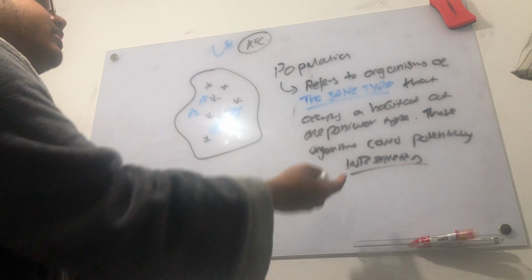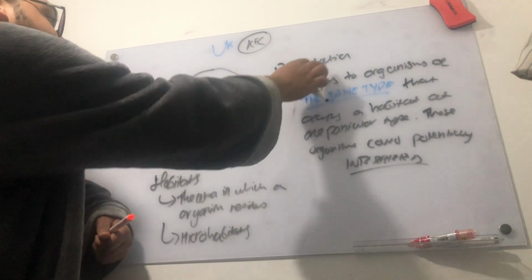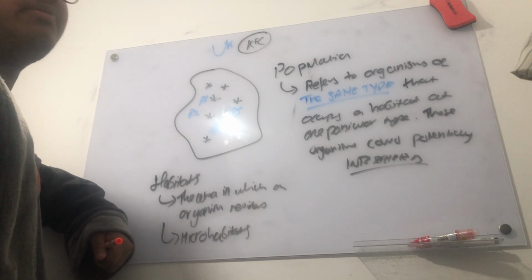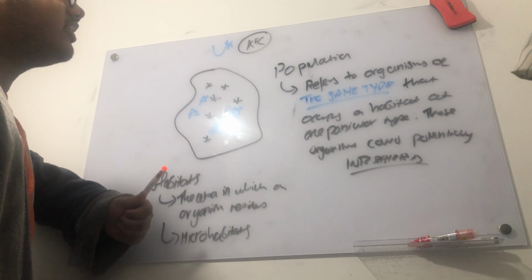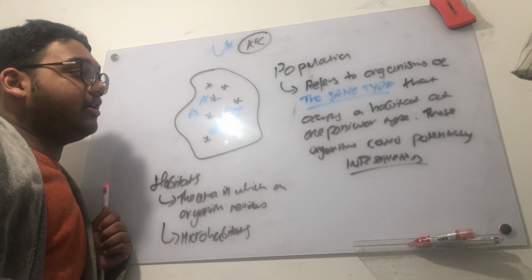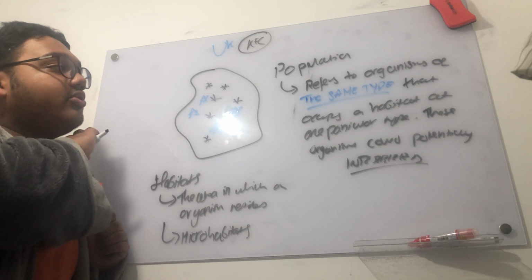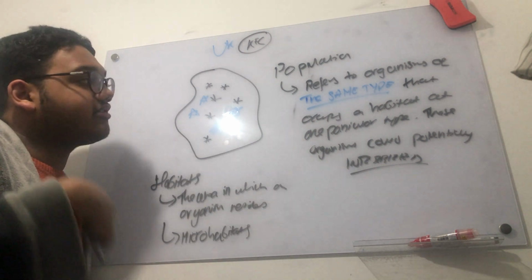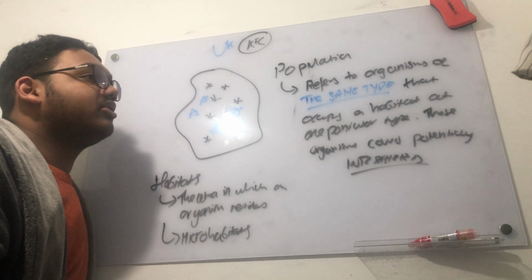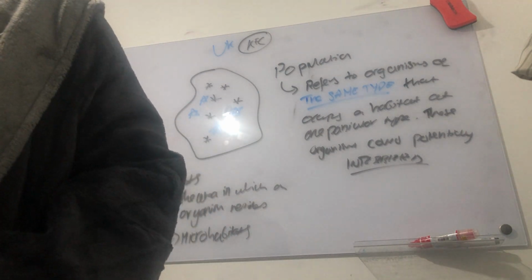That links in well with the fact that they occupy a particular habitat with regards to the population. Remember, the population is always the same type of organism. So when we're referring to the population of chickens, it's only that species of chicken, not anything else like yellow chickens. Do they exist? I don't think yellow chickens exist.